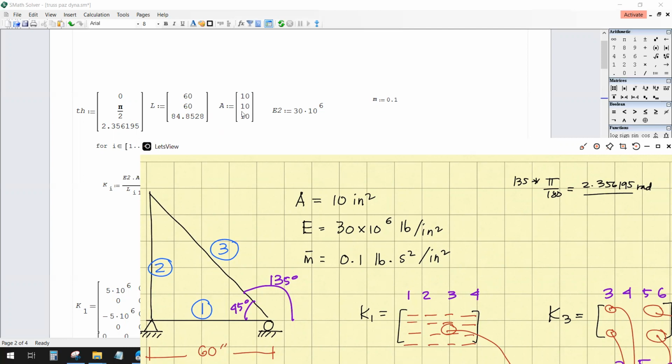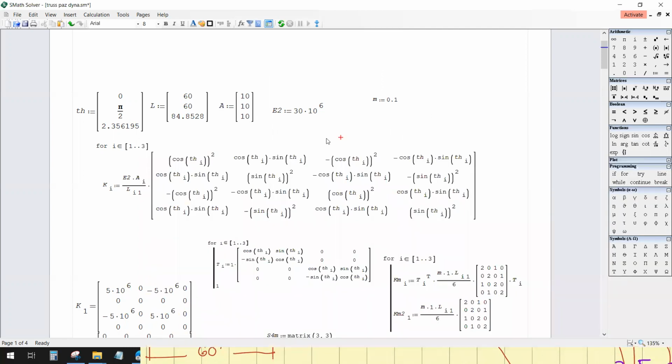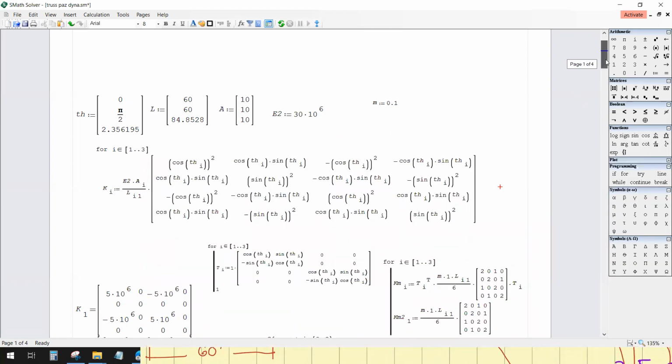The area as given is 10 square inches, elasticity is 30 times 10 raised to 6, and the unit mass is 0.1. So I have encoded all the givens.